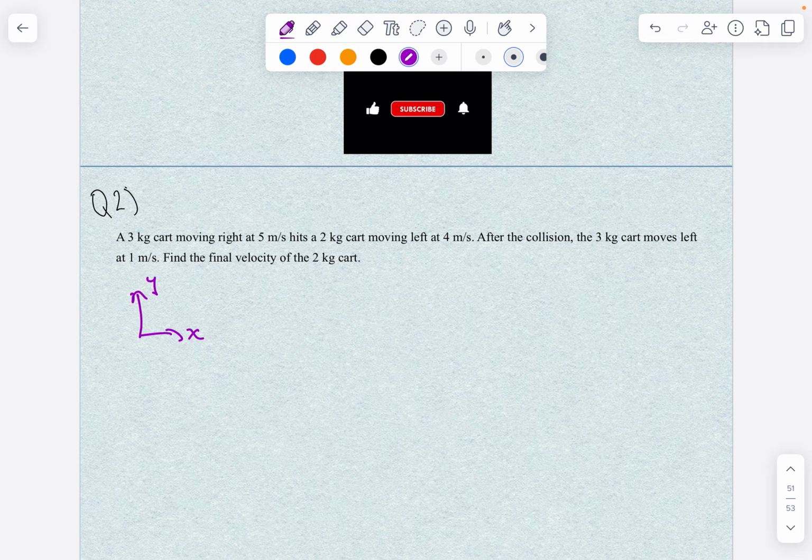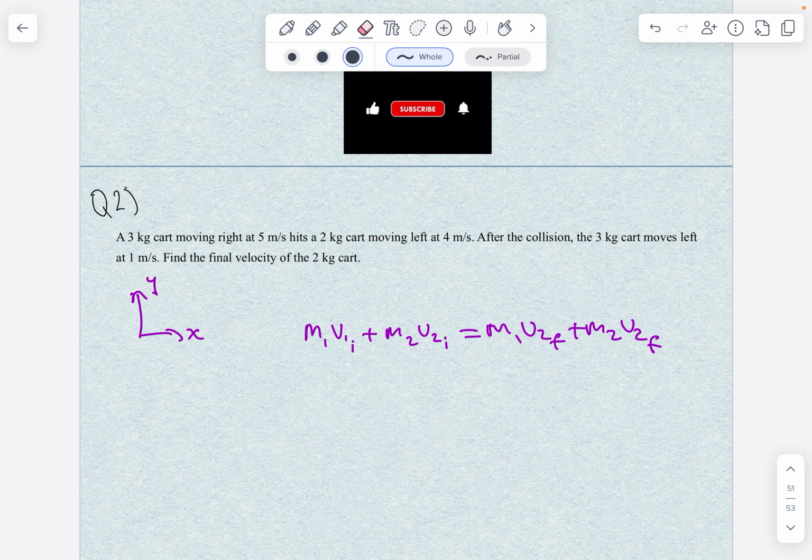So I'm going to write out the equation. m1 v1 initial plus m2 v2 initial is equal to m1 v1 final plus m2 v2 final.